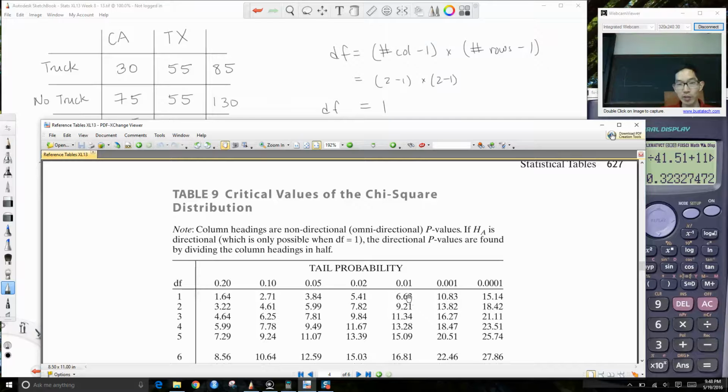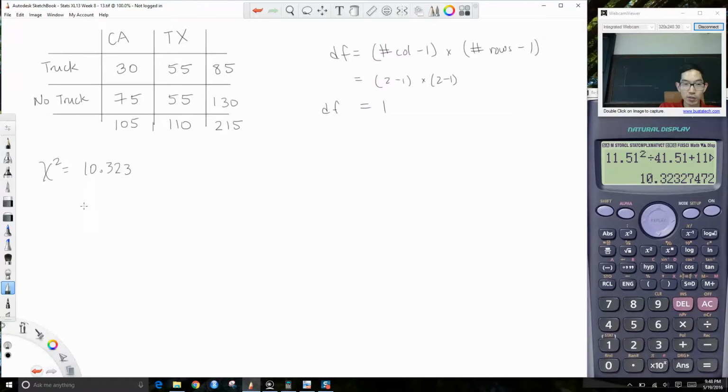We see 10.323 is between the column headings for 0.01 and 0.001. So our tail area is between 0.01 and 0.001. These were for a non-directional alternative.